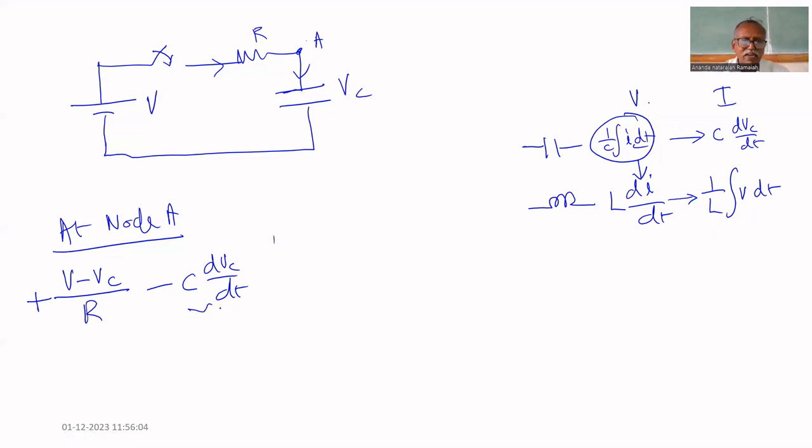In that way, the current leaving junction A is C into dVC by dt, and the sum equals 0. This is the differential equation.